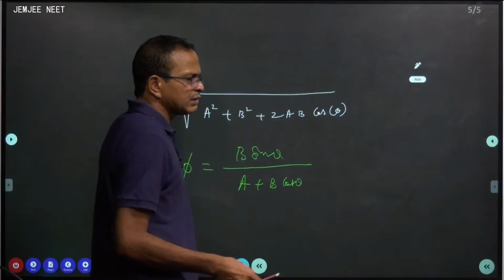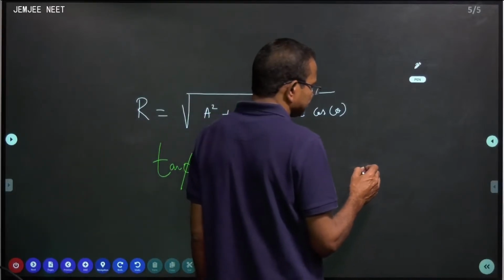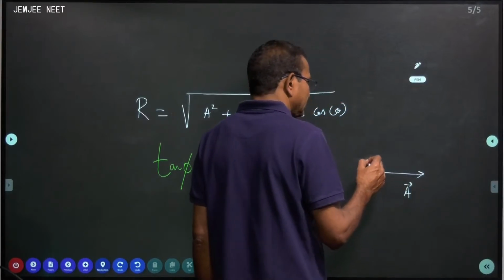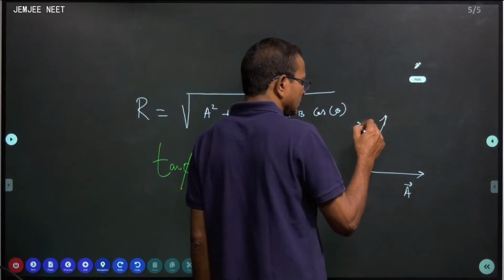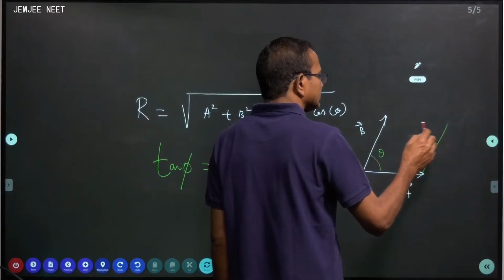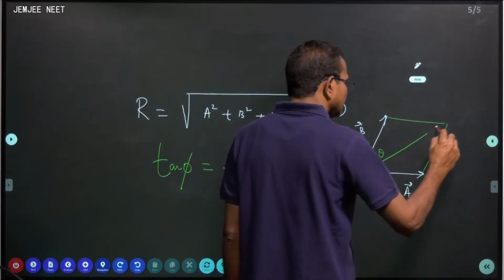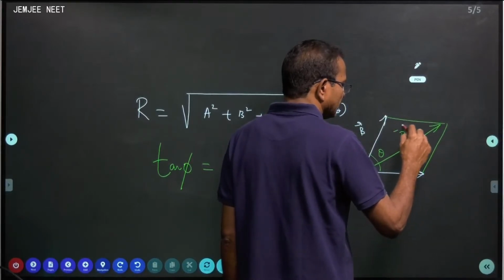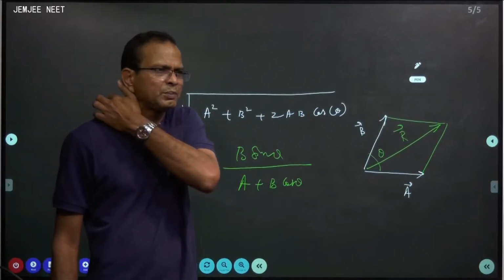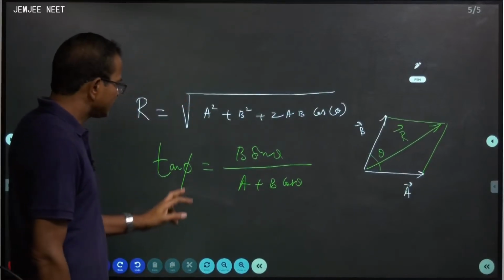Let me give a small diagram just for understanding. This is A vector and this is B vector. Suppose the angle between them is theta. So this is R vector, the resultant vector, using either the triangular law or the parallelogram law. Now what is this phi?